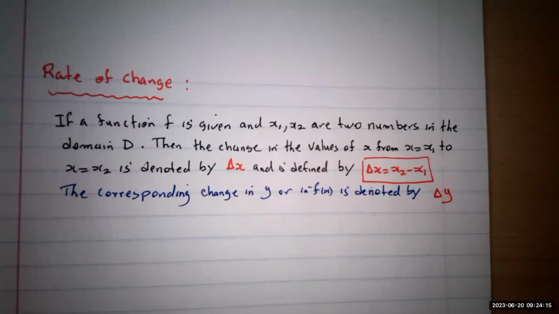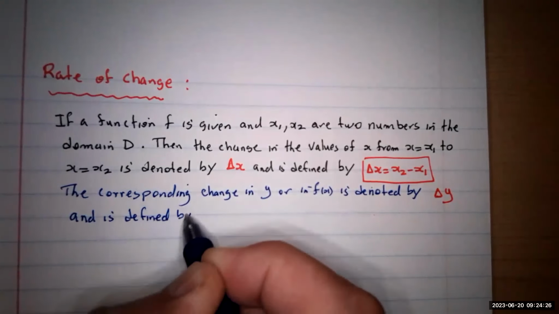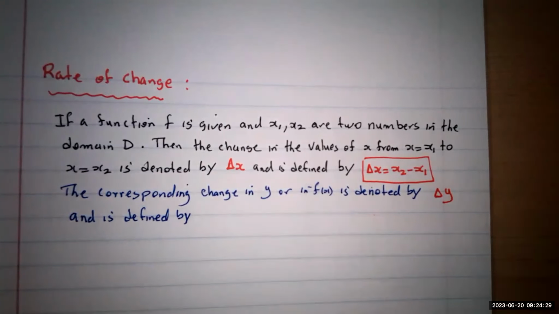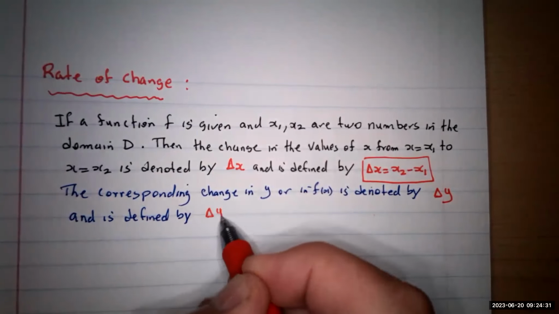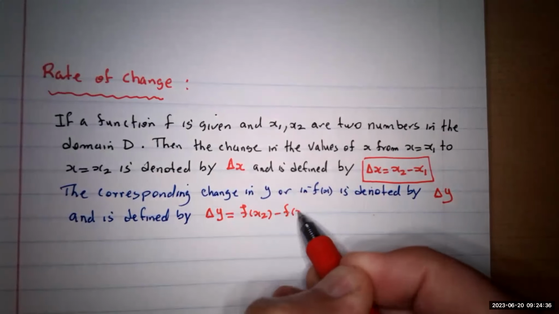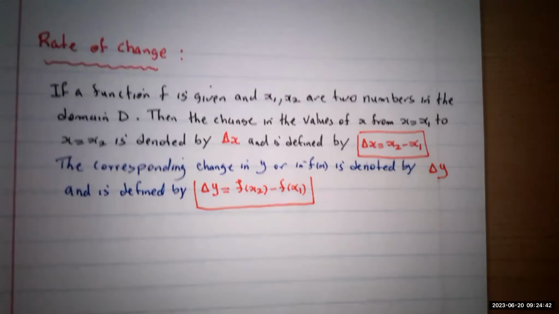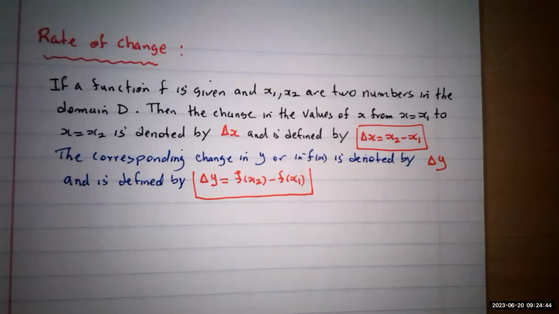Delta y is defined by delta y equals f of x2 minus f of x1. So the change in x would be delta x, x2 minus x1. The change in y would be delta y, the rise, f of x2 minus f of x1. Any question?